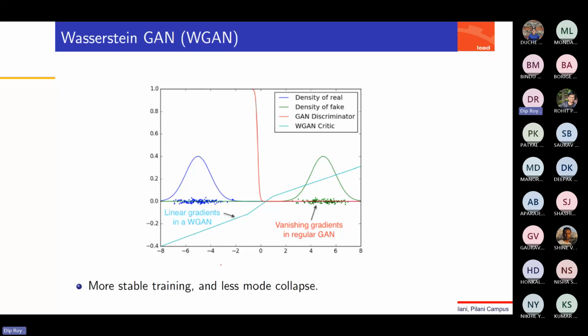All right. So the reason why it is helpful is, just see this particular graph here. On the left hand side, you have the density of real samples. Okay, this is a Gaussian of real samples. On the right hand side, you have a density of the fake samples, the green ones. All right, this is also a Gaussian.